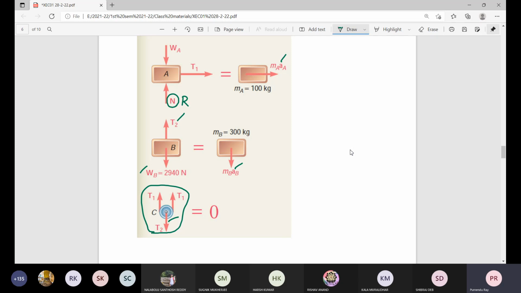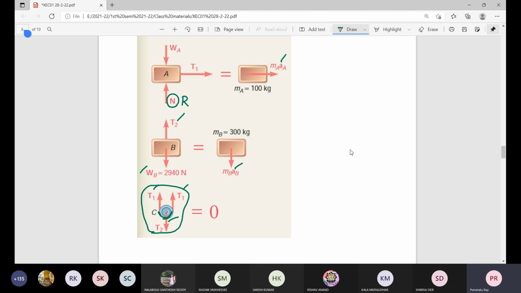For pulley C, it is subjected to T1, the tension on both sides of the rope passing over this pulley, because there is no loss over the lap of the rope and the pulley surface. So there is no friction loss like T1 by T2 equals e to the power mu beta, that kind of thing.